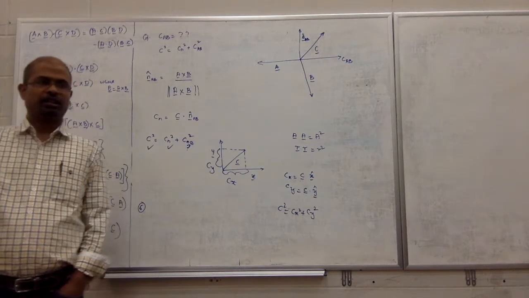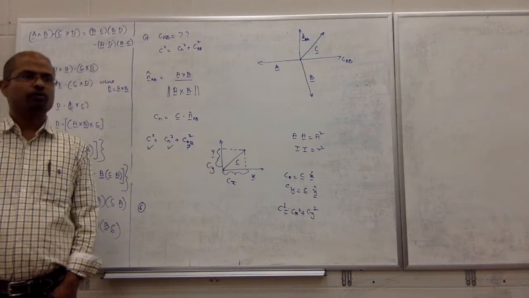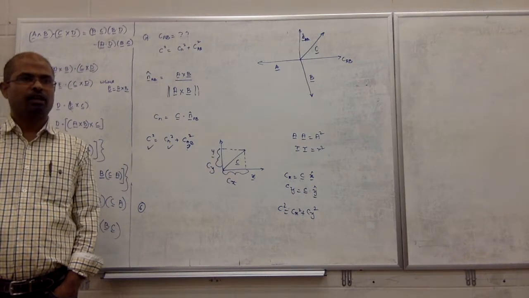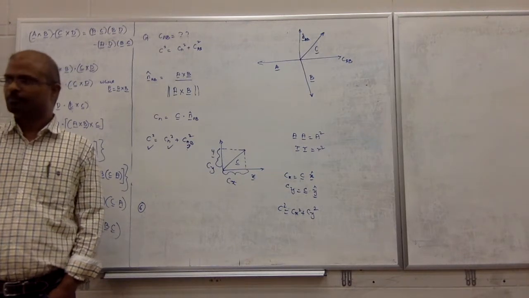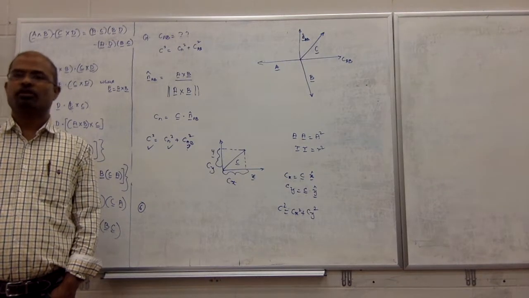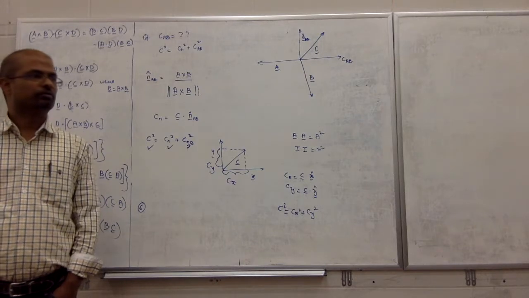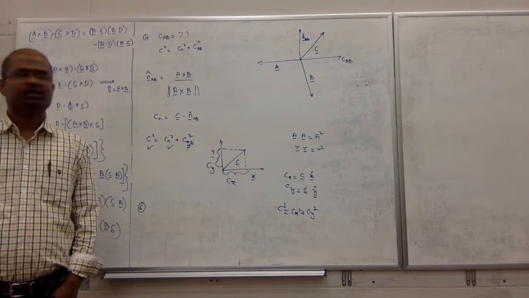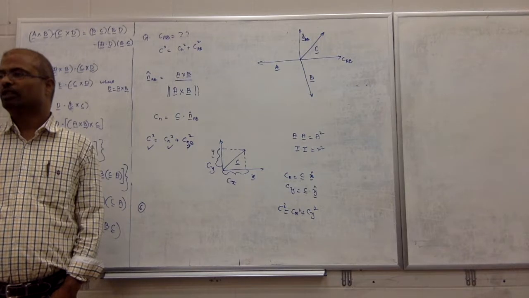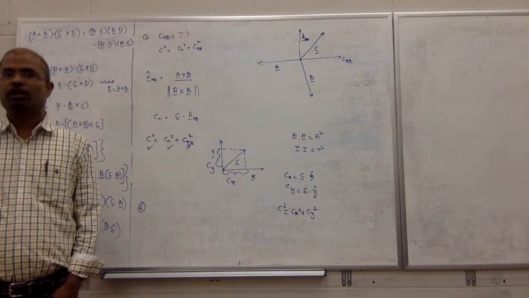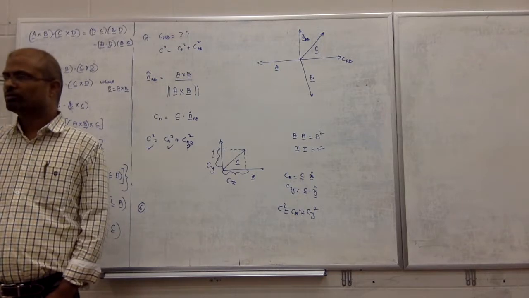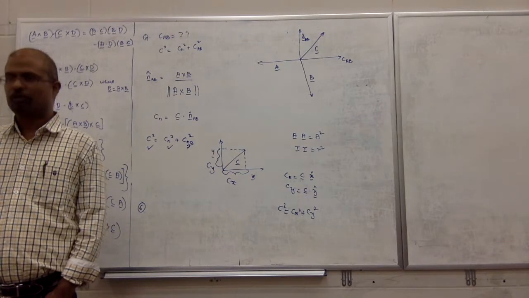Now, you take 3 vectors on the same plane. You take the cross of 2 of those vectors. What are you going to get? A third vector, which is perpendicular to all 3. Does that make sense?